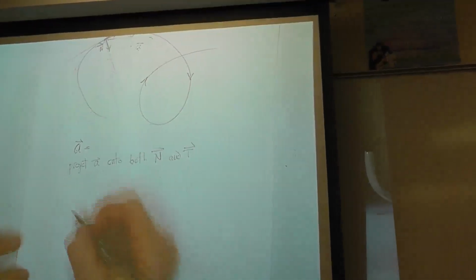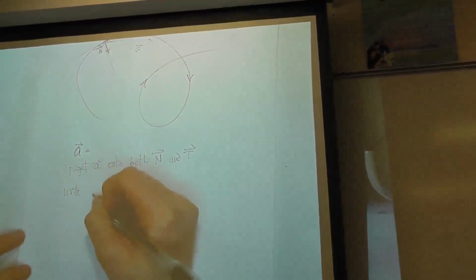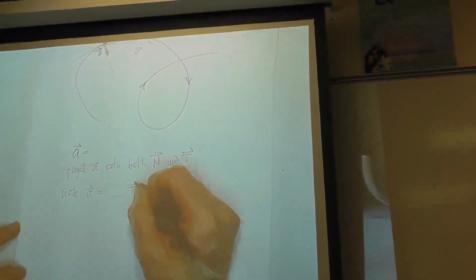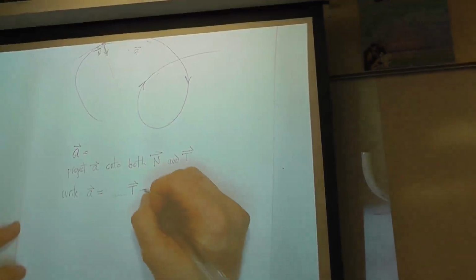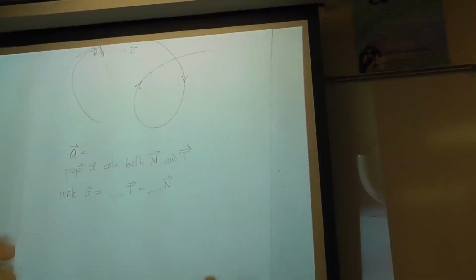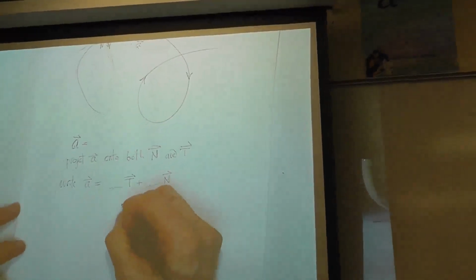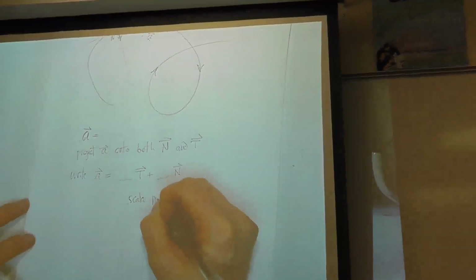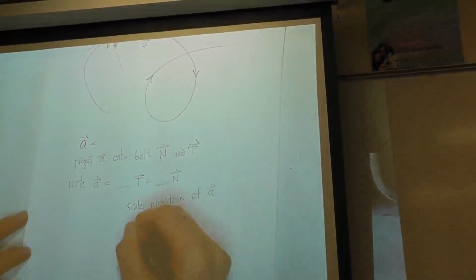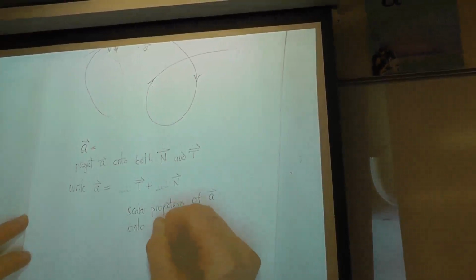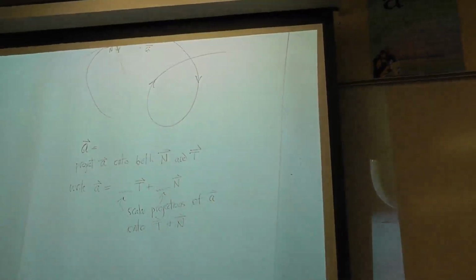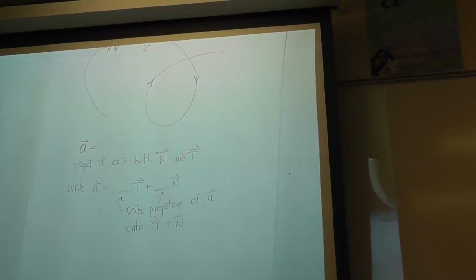So to summarize this, we write A as a number times T plus a number times N. And these numbers are the scalar projections of acceleration onto T and N. Well, this is going to be obnoxious to compute with.